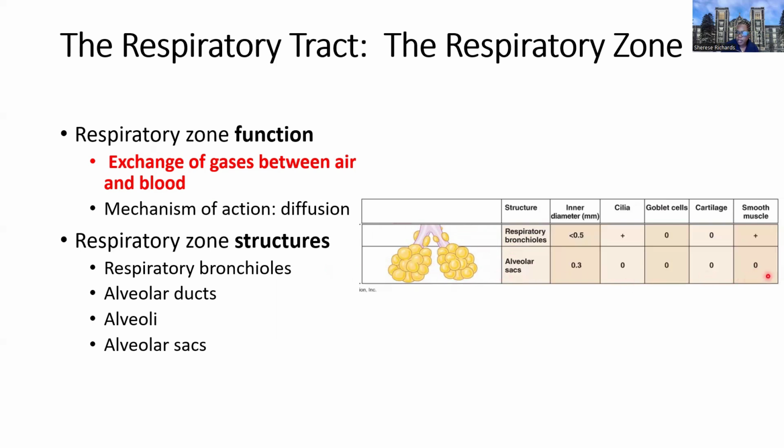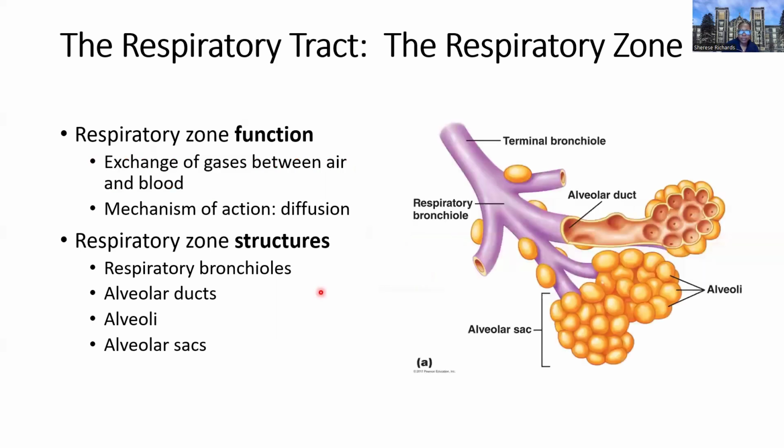Notice again at this level, there's no smooth muscle, no cartilage, no goblet cells, no cilia, and a very, very thin diameter to allow for that exchange. Okay, so we have gases in the air passing between these two surfaces.